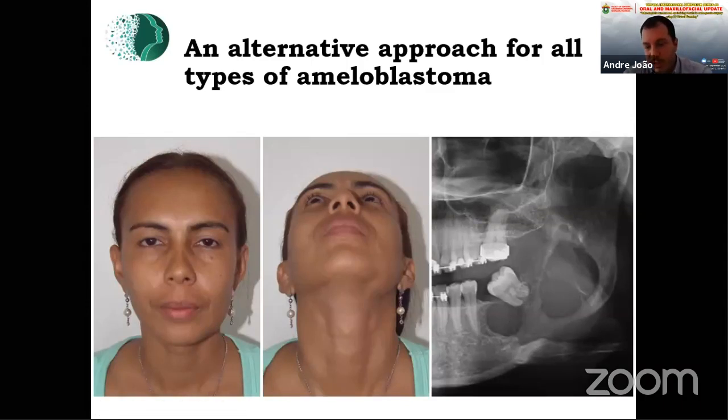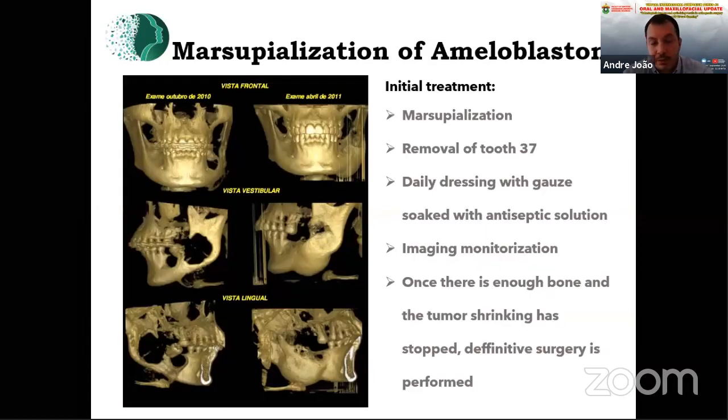Unfortunately, the picture is not here, but what I'm using as an alternative treatment is marsupialization. I don't know if all of you know what it is. Marsupialization is a surgical technique where we expose a usually cystic lesion, or in this case a multicystic lesion, to some cavity.